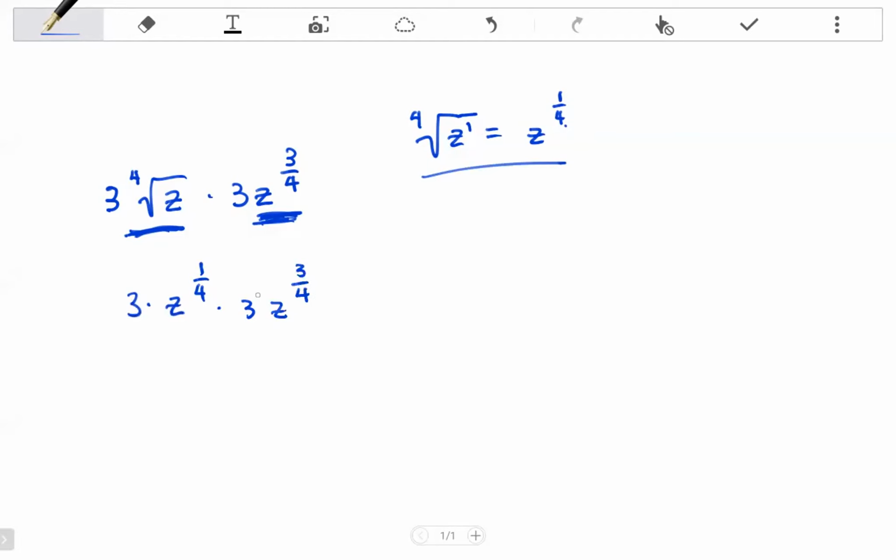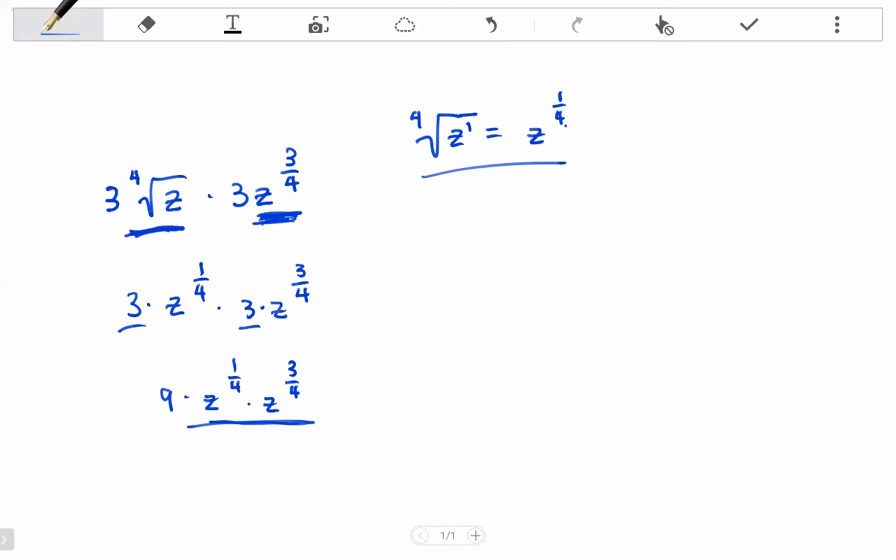So everything is multiplying here. In this case, 3 times 3, we can just rewrite that as 9. And we're left with this. Remember this? We just did this a couple minutes ago: z to the 1/4 times z to the 3/4.